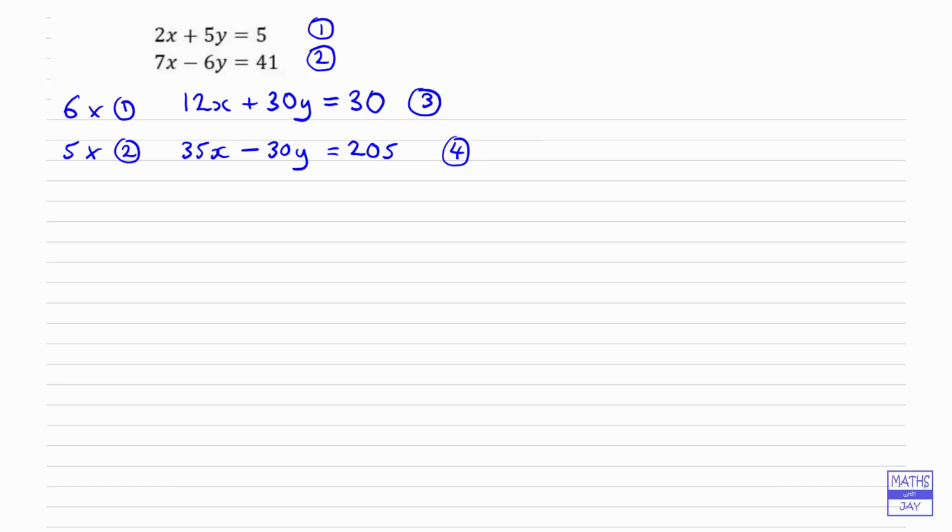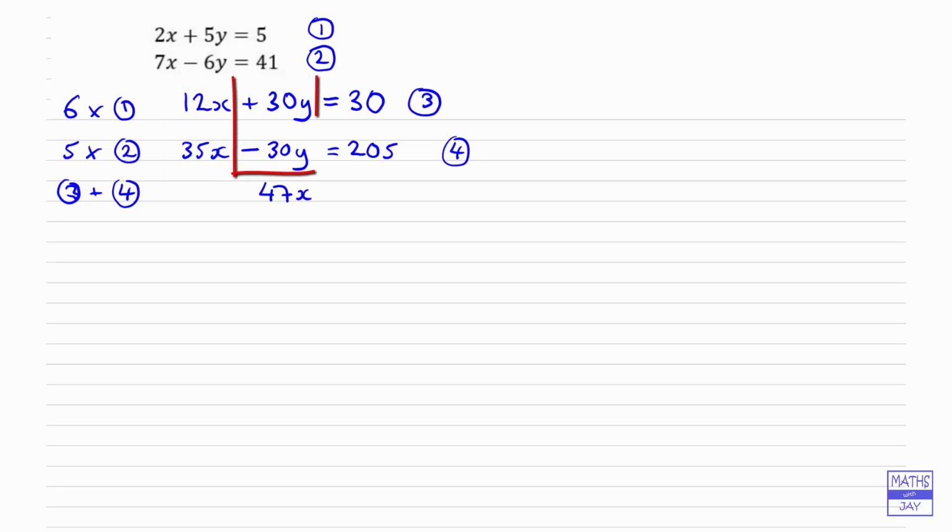So now you can see that if you look at those two equations, we can eliminate the y, which really means eliminating the 30y, by adding these two equations together. So we're going to add equations 3 and 4, and that will give us 12x plus 35x, so that's going to be 47x.